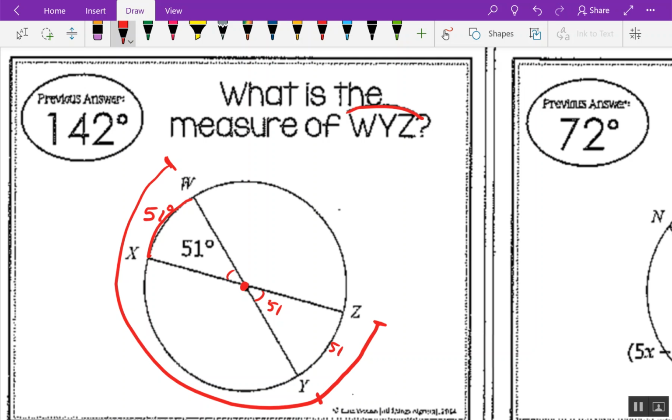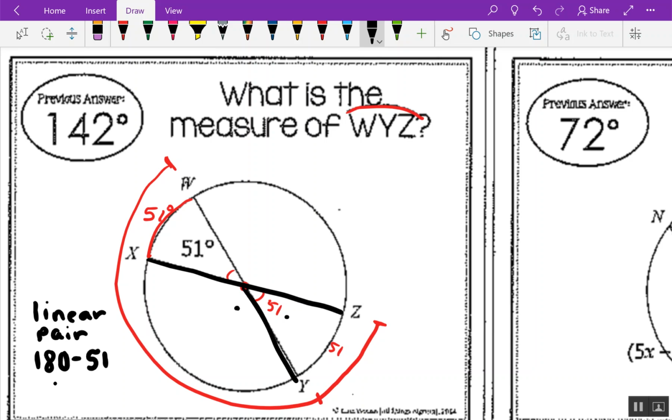And then the other thing that I believe is what Isaiah was talking about is this diameter and this ray. These two angles are a linear pair. So 180 minus 51. 129. All right, so that makes this one 129.